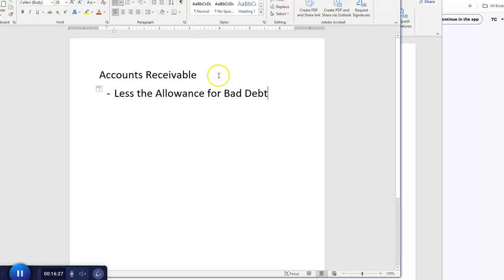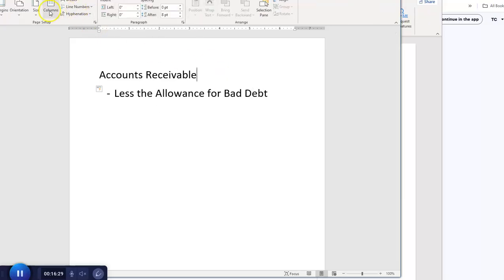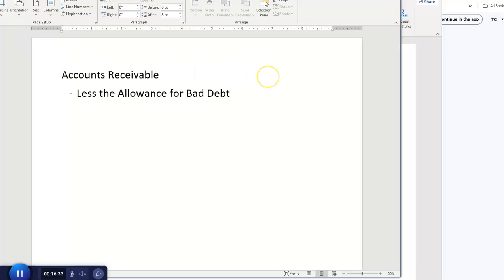So if my accounts receivable balance was, let's just say, $90,000, and my allowance for bad debt was $3,000, we are now going to report on the balance sheet net receivables of $87,000.